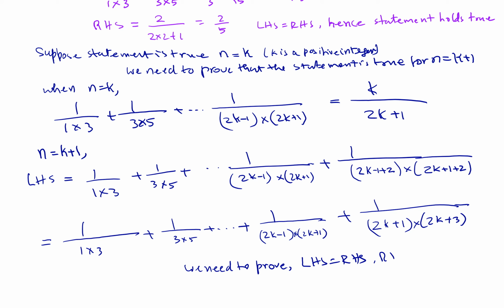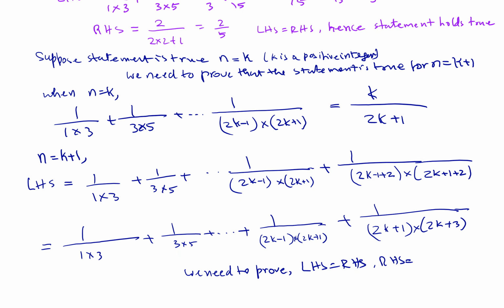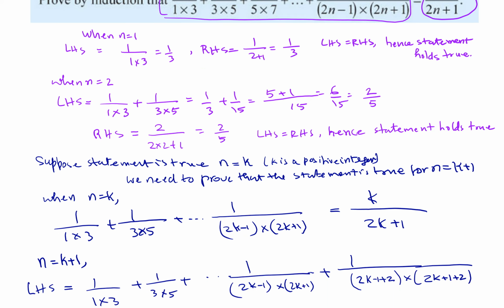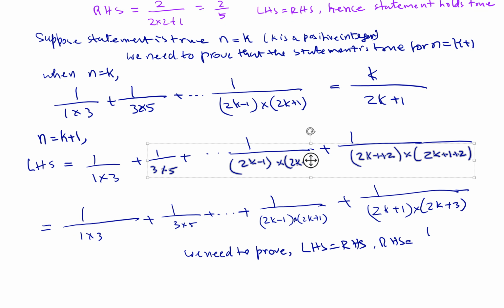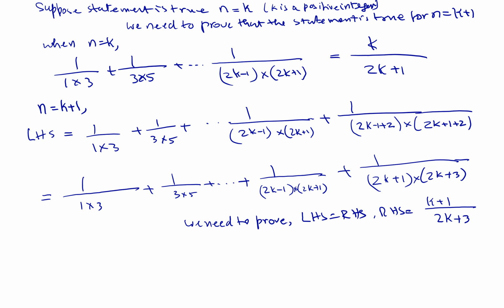RHS is equal to, instead of k, we write k plus 1, so it would be k plus 1 over 2 times k plus 1 plus 1, that is 2k plus 3. This is what we need to prove. So how do we do that? We need to work on the left hand side and make it equal to the right hand side.